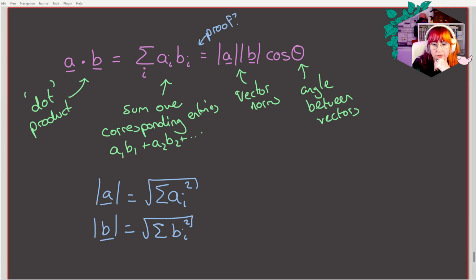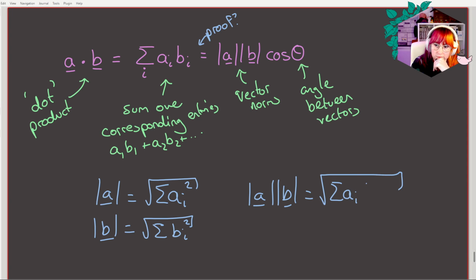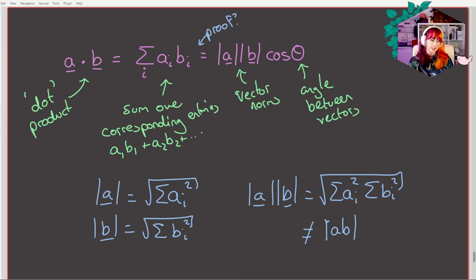I am working this out on the fly, by the way. So then that's going to give you, so that's not just going to be the direct, you don't then get AB, basically.